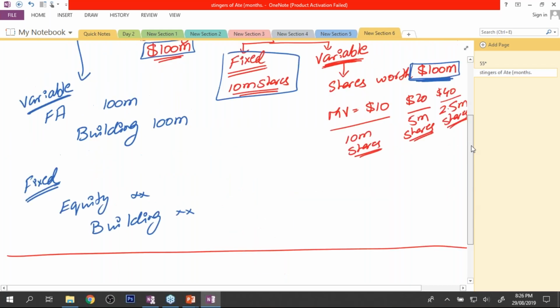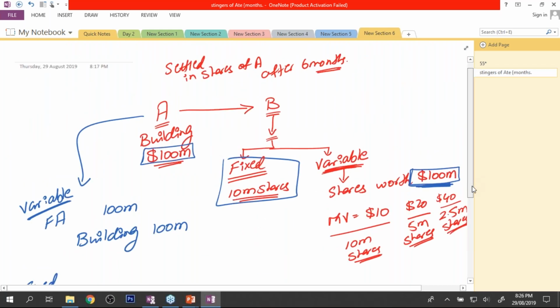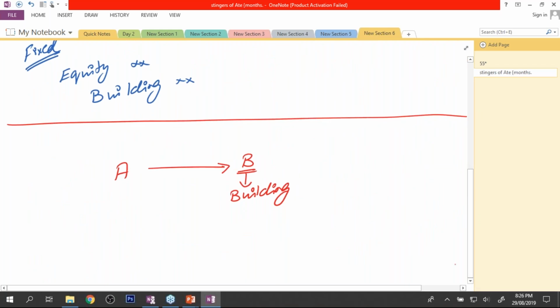In my previous example, the building was with A, but in this one, we have changed it a bit. A goes to B and says that, hey B, I want to buy your building from you. B says that the building is worth $100 million. Can you pay that? A says that I'm not going to pay you cash of $100 million.